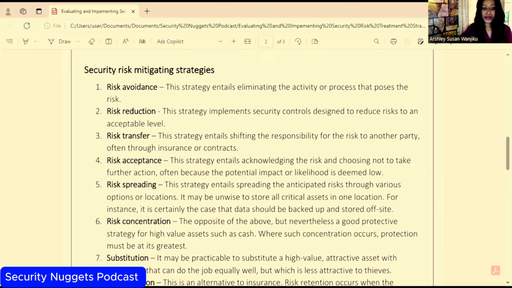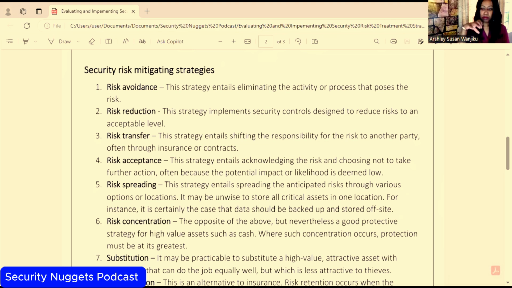This is where we are implementing security controls, whether through personnel, through technological systems or automations, through procedures, policies and processes, or through architecture and environmental design.